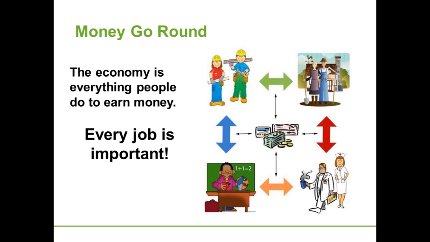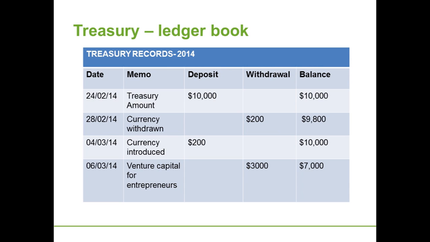One of the things on the next slide we'd like to just highlight is how do you actually manage that treasury? You know, a ledger book can be a really good way to do that. On the screen we've got an example of a treasury record where $10,000 worth of PREP money was put into the economy, and it's been recorded in a very simple cash book system with a memo column, so that you can record, for example, if currency is withdrawn.